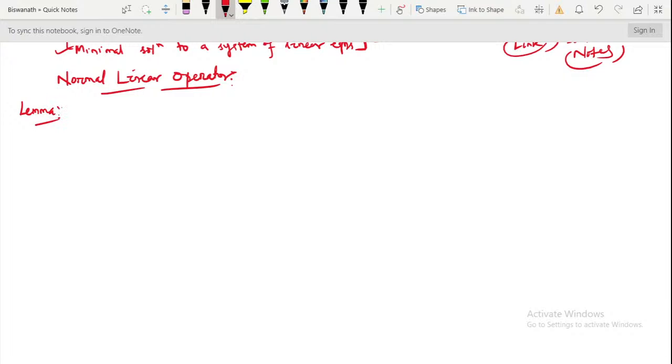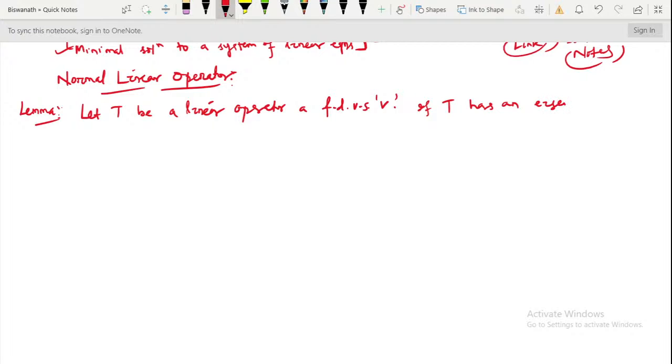So what is the statement of this lemma? Let T be a linear operator on a finite dimensional inner product space V. If T has an eigenvector, then so does T star.